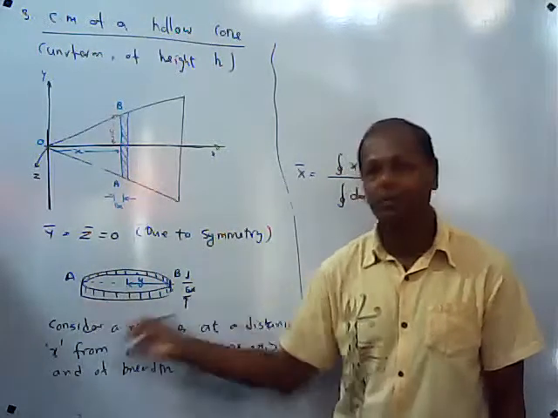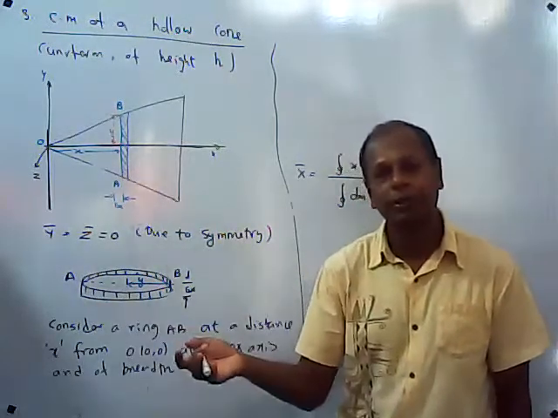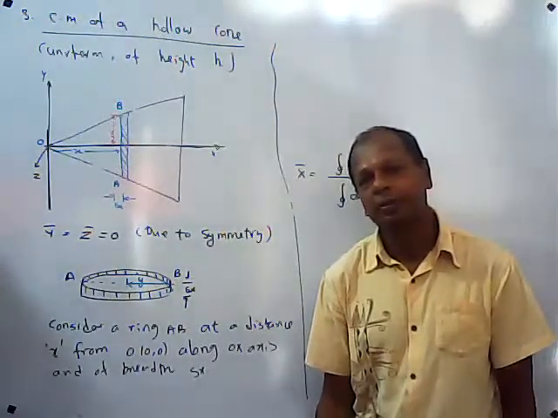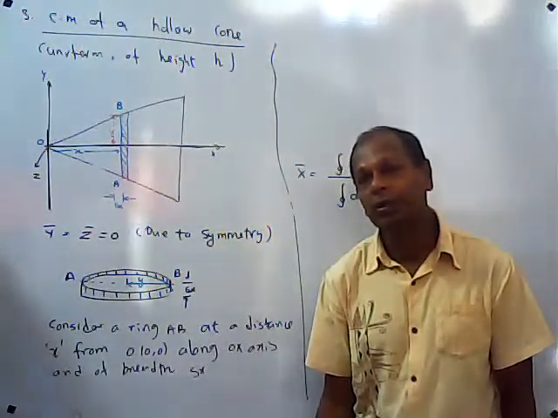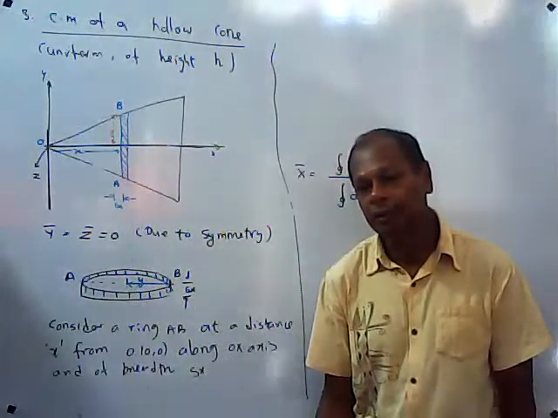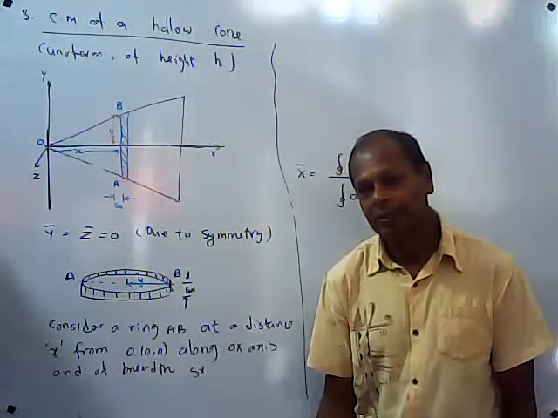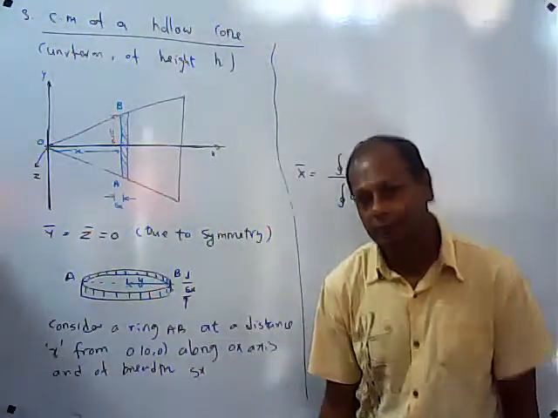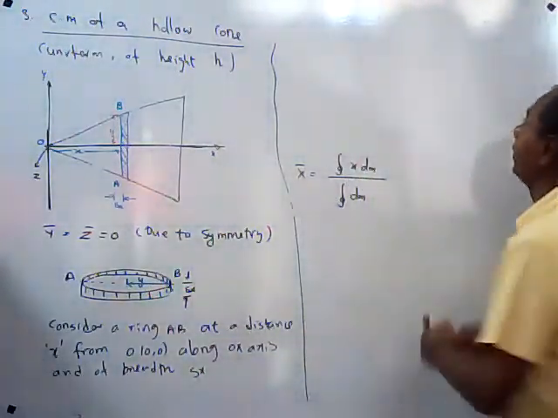To find the mass of the ring, before that we have to find the surface area of the ring. What is it? So let's find the surface area.